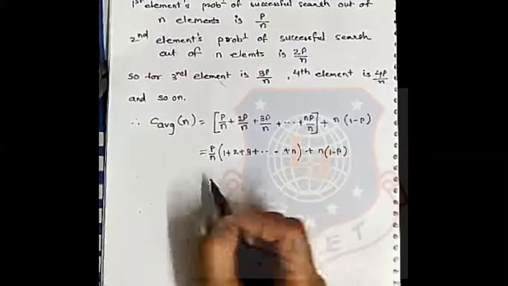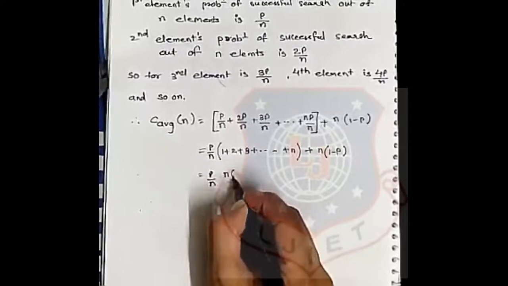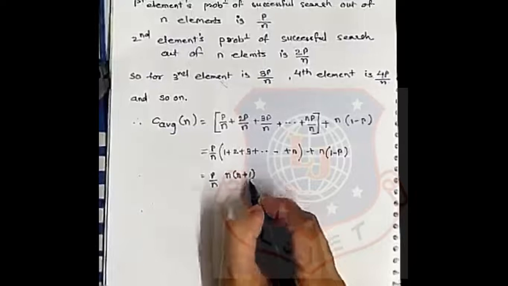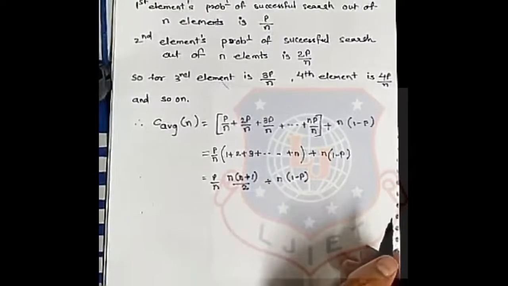So P by n plus 2P by n plus 3P by n up to nP by n. Let us take P by n common, and 1 plus 2 plus 3 and so on. The summation from 1 to n is denoted by n into n plus 1 by 2, plus n into 1 minus P. n cancels.